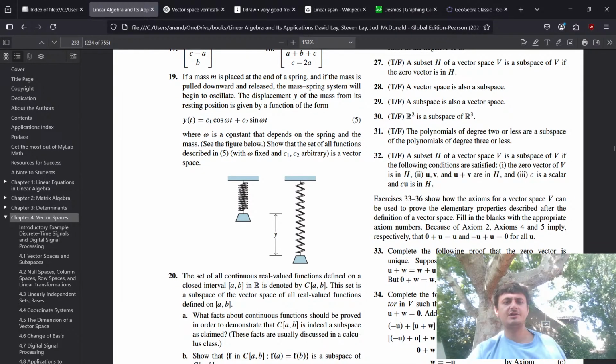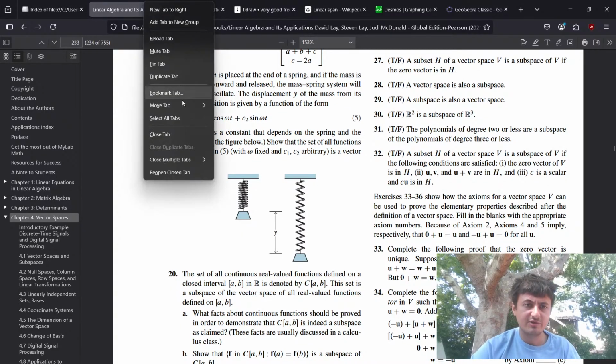So what else do we need to show? I think we showed it. Additive inverse: we just take C3 equal to minus C1 and so on, and then we can get a 0. Then we have additive identity by the 0 vector, so we have that.